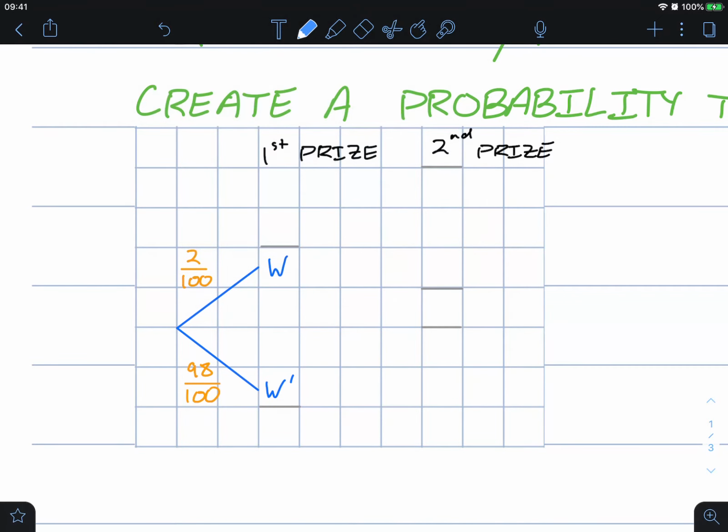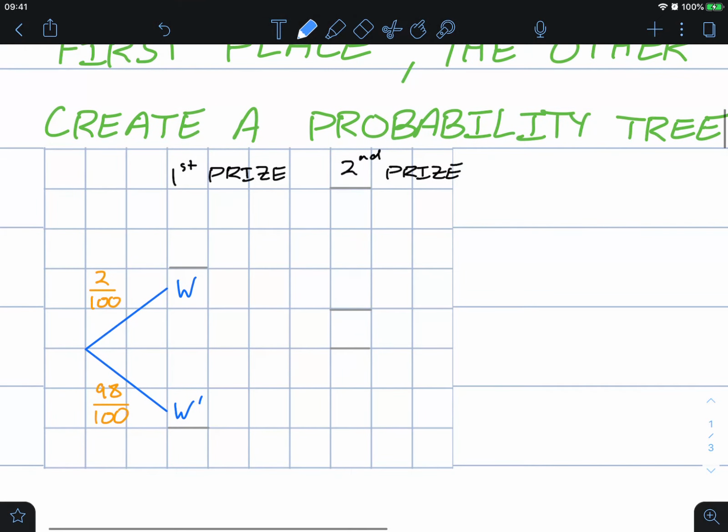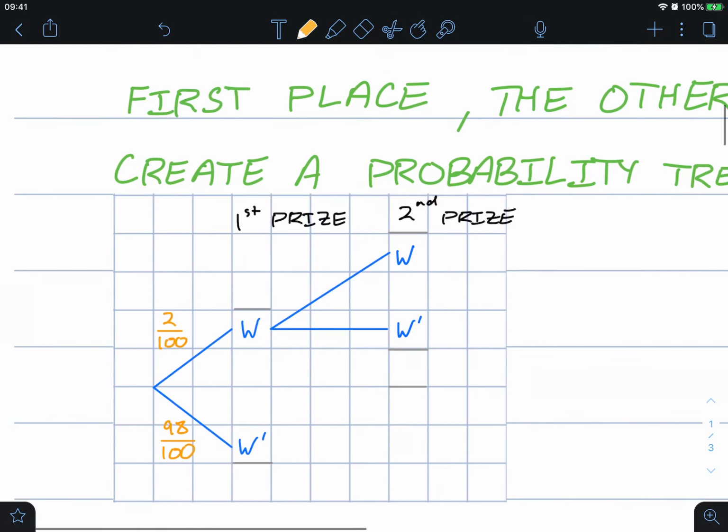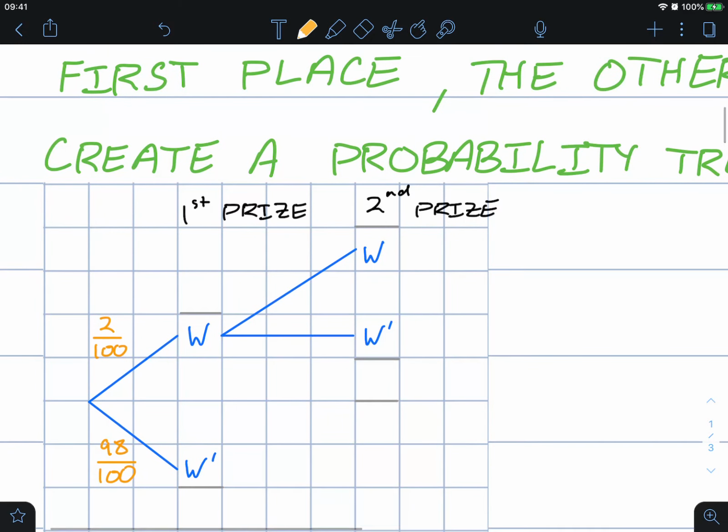Let's continue drawing up this probability tree. After Gavin wins, he could win the second prize again, or he could lose, so not win. Well, let's now think about the probability that he wins again. Considering that he's already won the first place, that would mean he has 1 less ticket left to win.